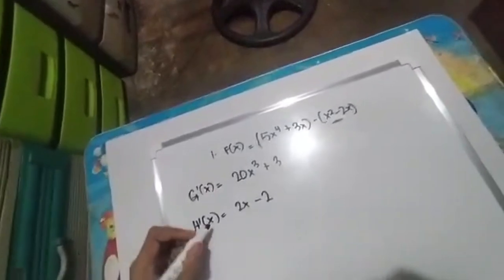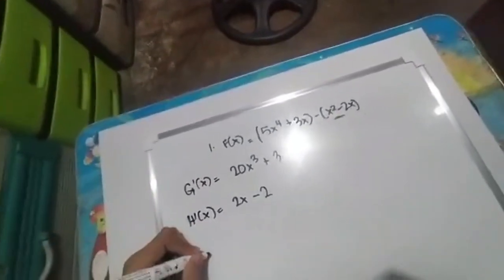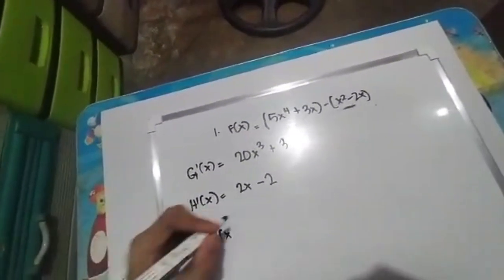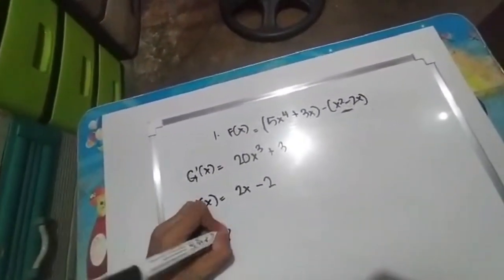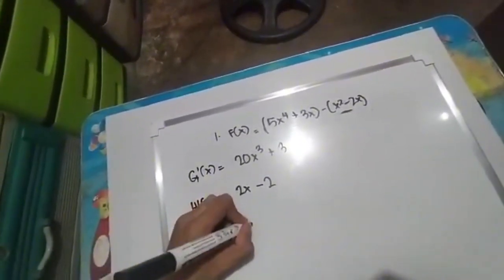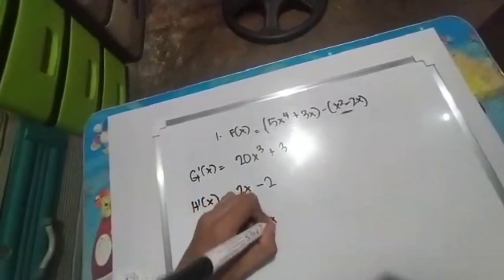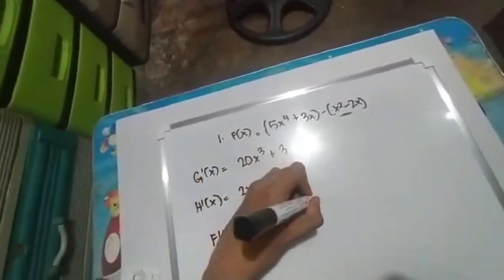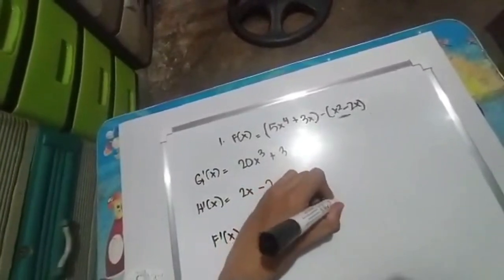So after this we will write it like this: f prime of x is equal to 20x cubed plus 3 minus 2x minus 2.